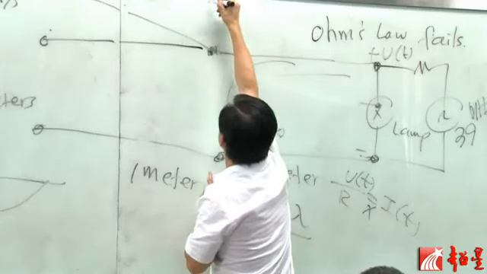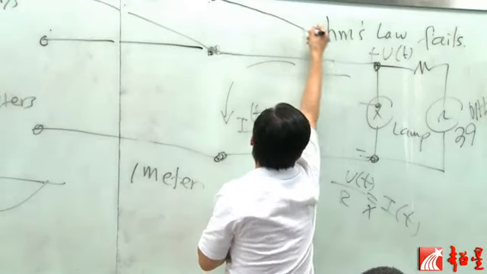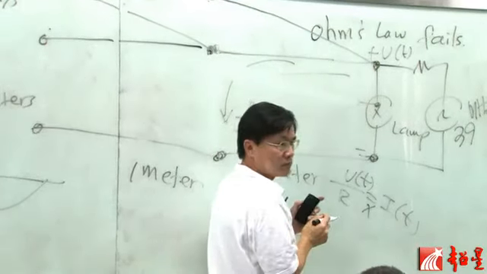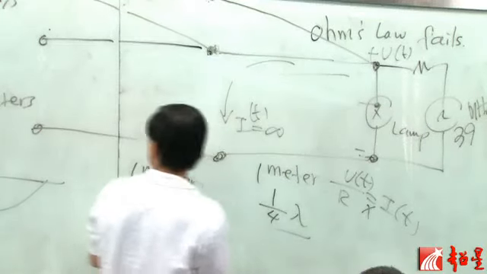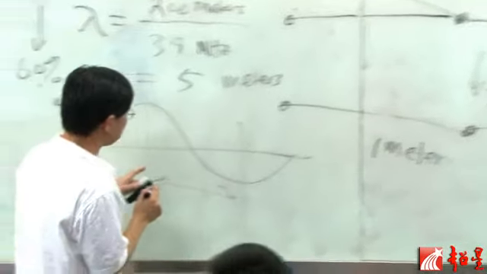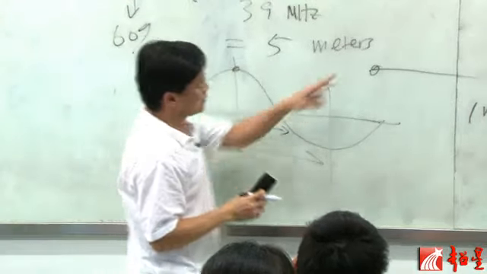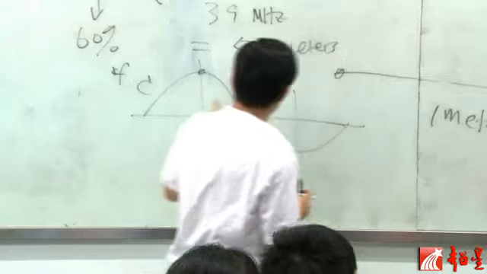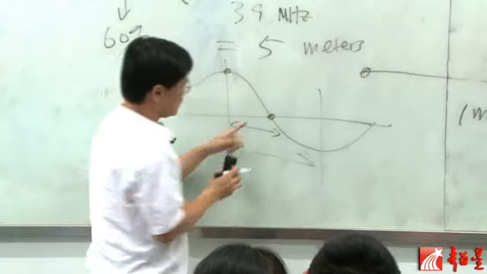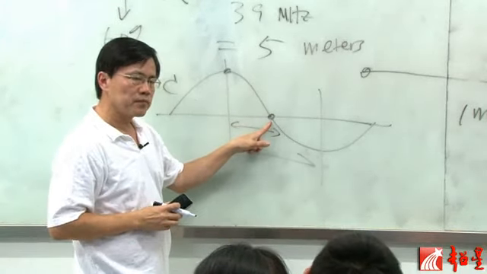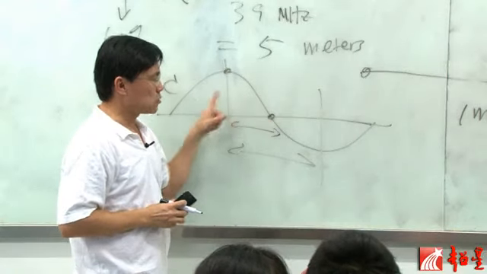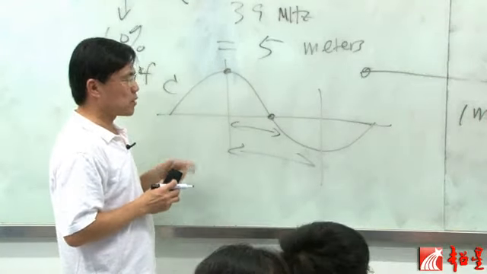So now what's the voltage? It's going to be like this. Got it? So this is 1/4. If you have maximum at the end here, then at the source you're going to have a very small voltage. That's the wave propagation. That's how the wave propagates.